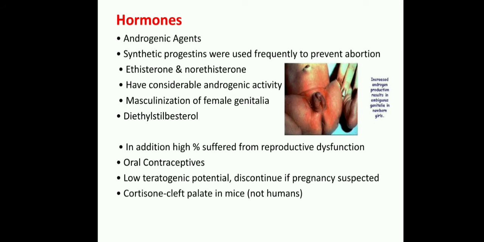Next is hormones. Because of the effects of hormones, how do the complications arise? Congenital malformations can occur because of androgenic agents. Synthetic progesterone was used frequently to prevent abortions. For example, antenatal mothers use this synthetic progesterone for the continuity of the pregnancy, to prevent abortions.